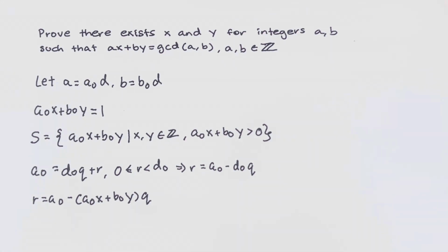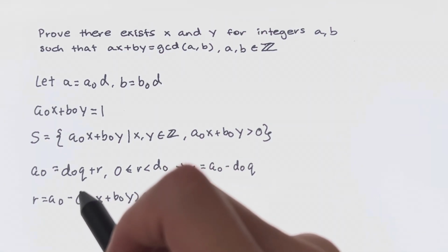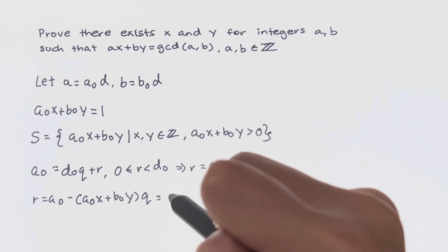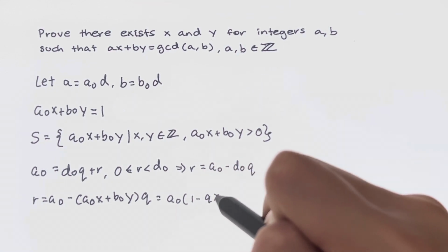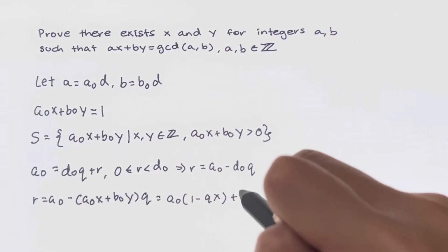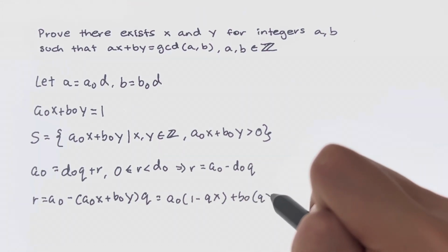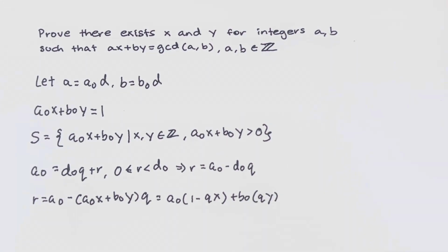And r will equal a0 times (1 minus qx) plus b0 times (negative qy). Hence, r is of the form a0x plus b0y.